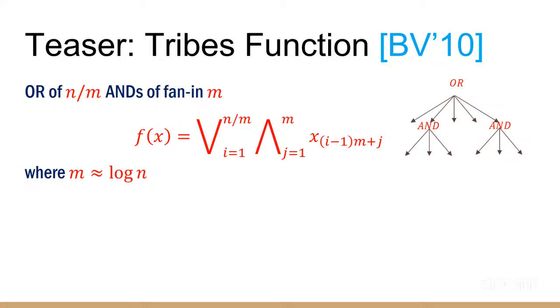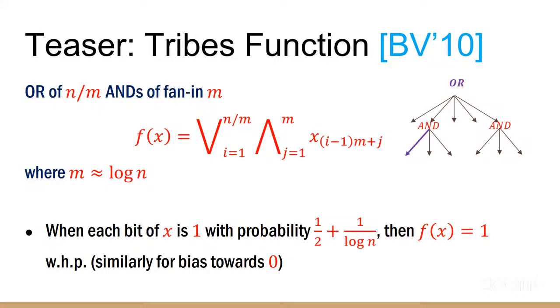For constant values of delta, we can just actually compute the sum. But this tribes function can actually solve the coin problem for delta of 1 by log n. What does this mean? When each input bit is biased towards 1 with probability half plus 1 by log n, then we can show that there is a constant bias towards 1 on the output of this function. This can be thought of as bias amplification.